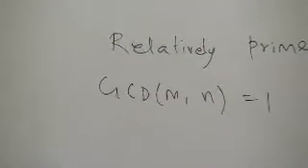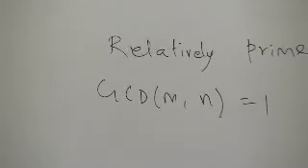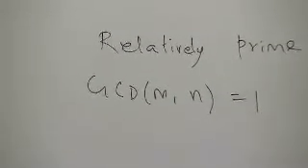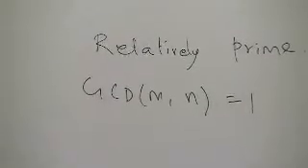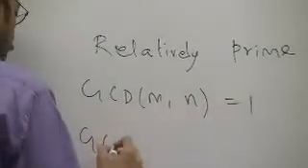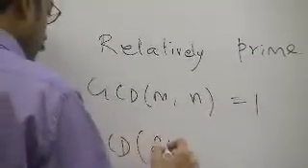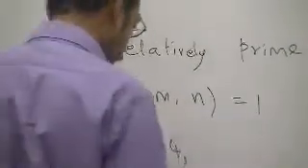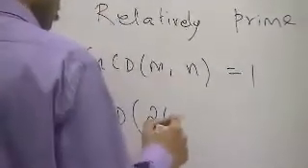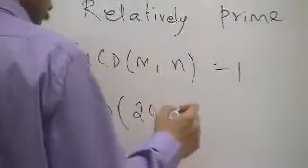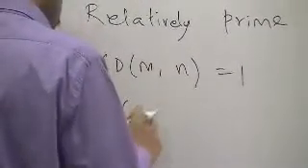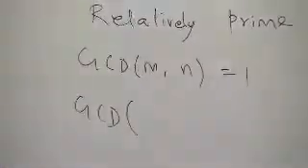They themselves need not be prime. So for example, GCD of say 24 and let's see, what else do I have?